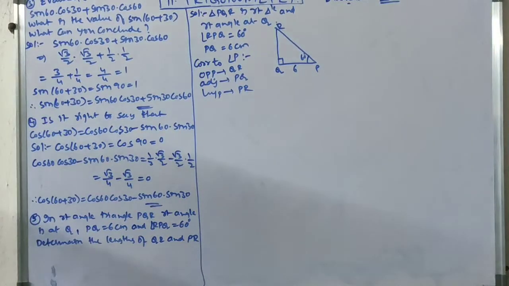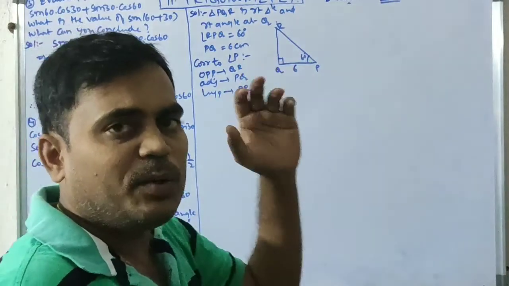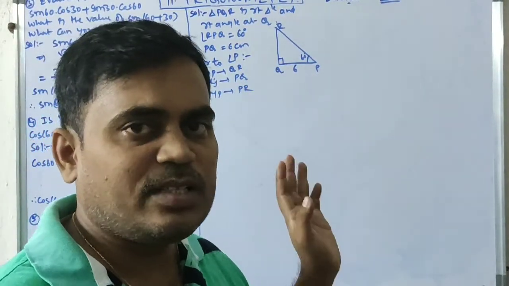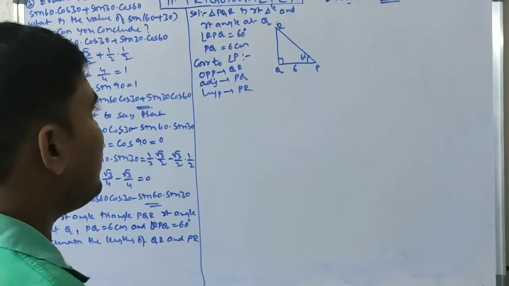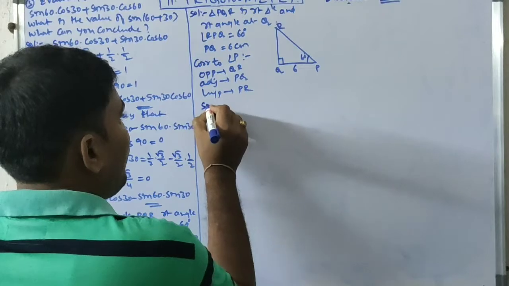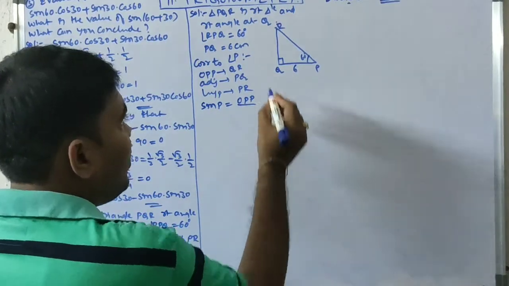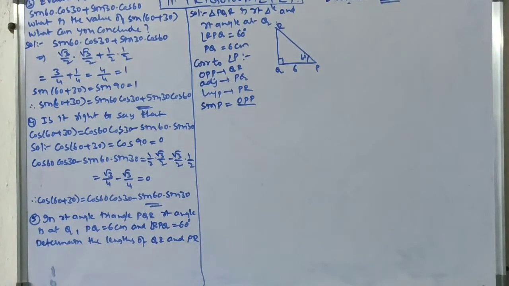So to find QR, we need to take the trigonometric relation which contains the opposite side. Sin theta contains the opposite side: sin P equals opposite by hypotenuse. But we don't know opposite and hypotenuse, so it won't be useful.